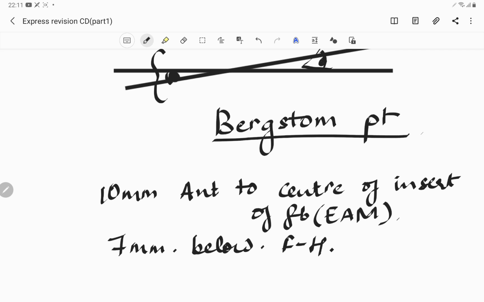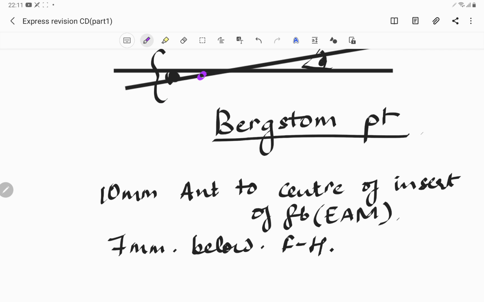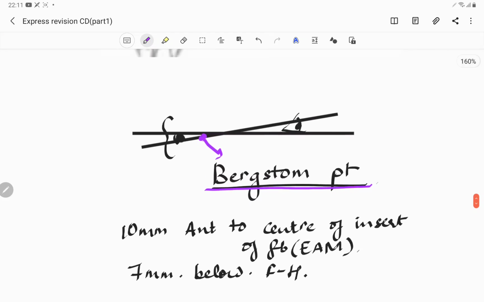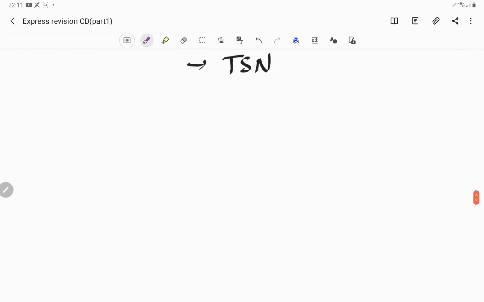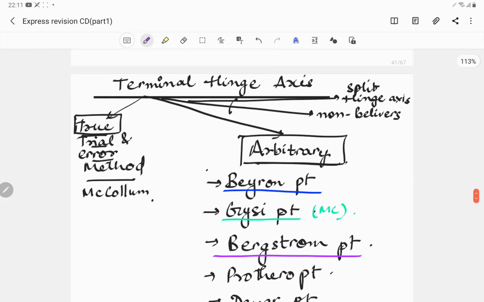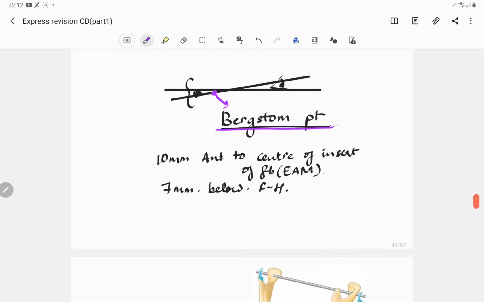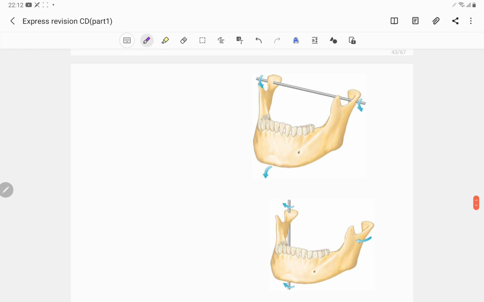So this point will come somewhere here. So this is the Bergstrom point, right? Like that we have got points for the arbitrary method of locating the terminal hinge axis, and the Gysi method is the most commonly used method, right? This is just to make you understand.